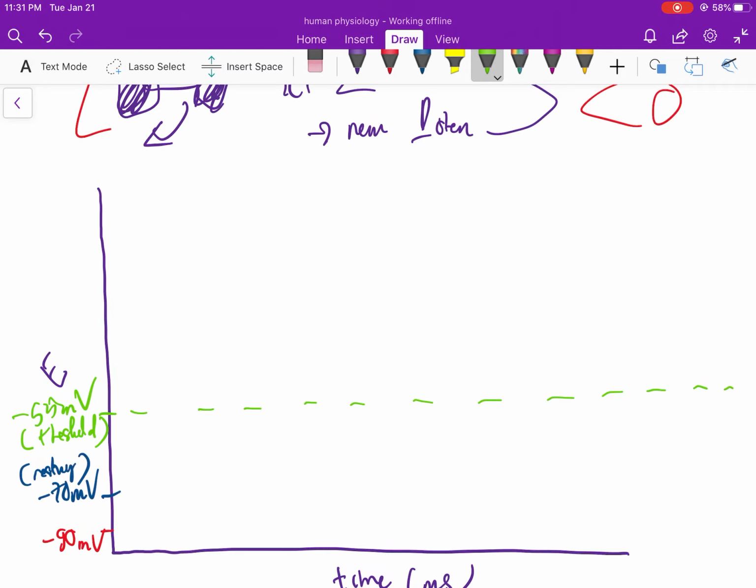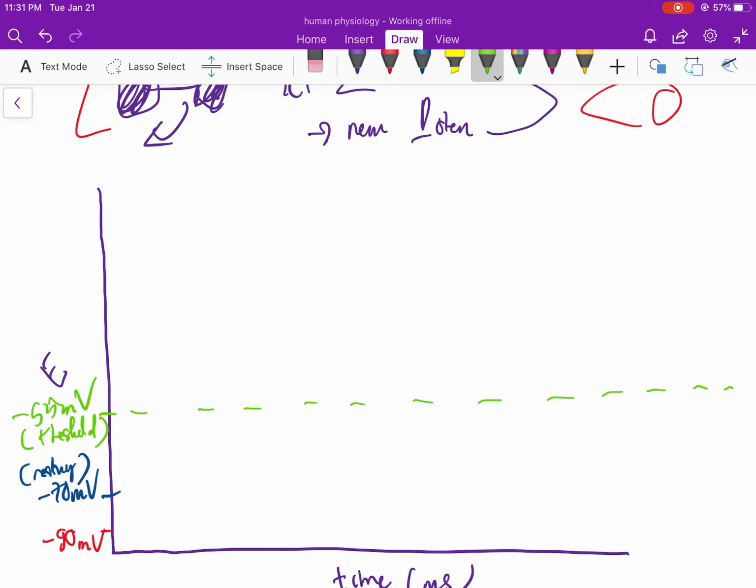One characteristic of our action potential is that it works as an all or none mechanism. So if it reaches the threshold, we will get an action potential. If it does not reach negative 55 millivolts, we would not have an action potential.